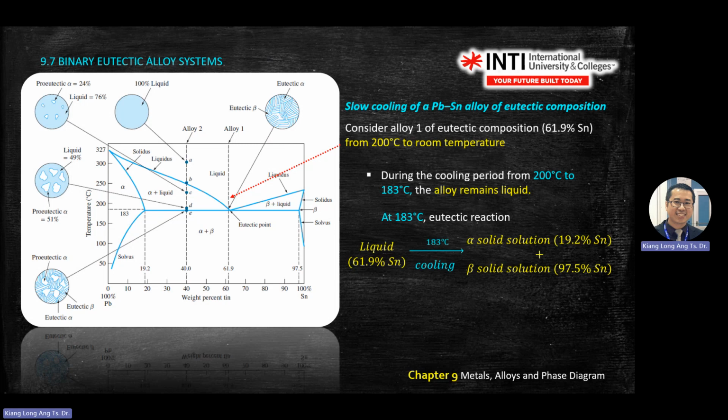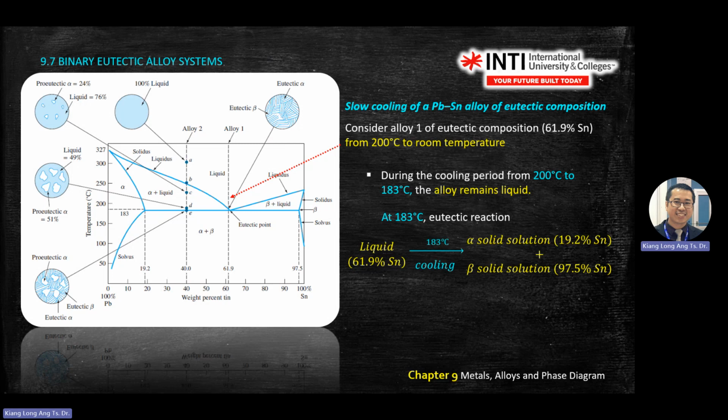Liquid becomes two solid. You transform the equation just now, put in a few data. What do you see? You see liquid with how many percent of Sn, bracket Pb. So this line is 61.9% Sn. Then to alpha beta.